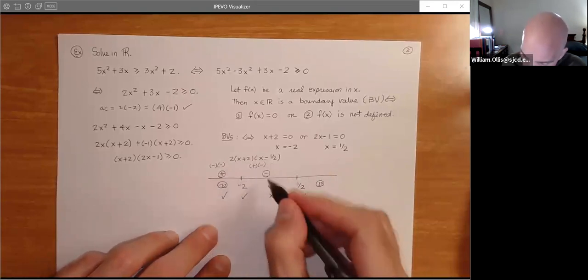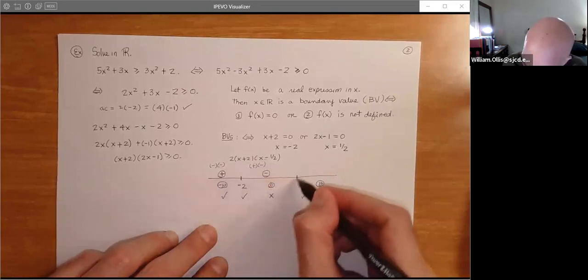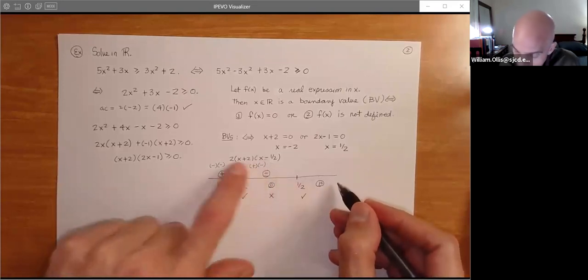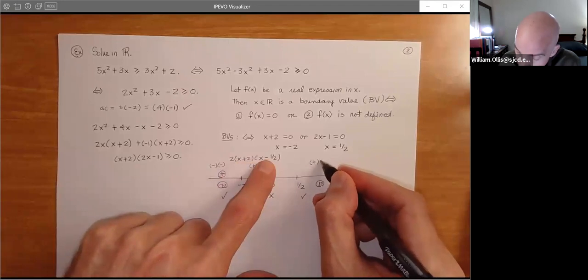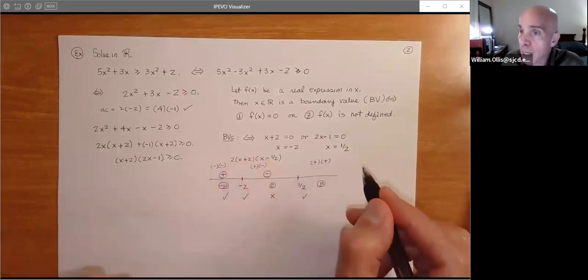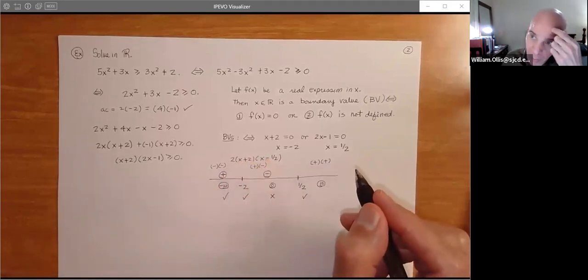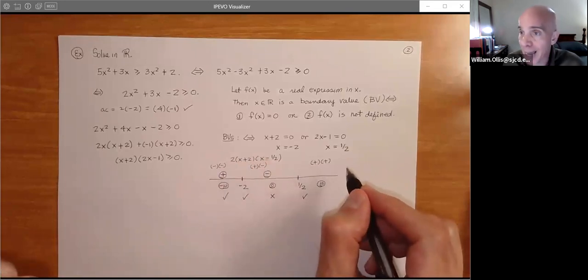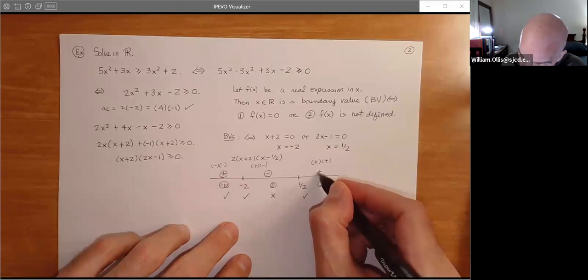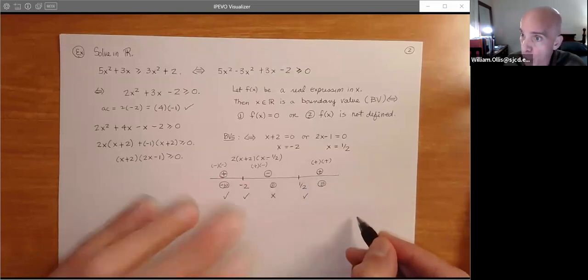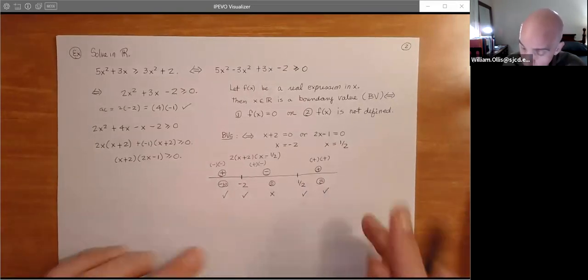And then, of course, what you expected: above, below, and then above. If we try 10, we get plus for the first factor and plus here. Notice it is of no consequence to me what the actual value is. I just want to know the sign. And so again, plus times plus is greater than 0, positive, so that gets a check.